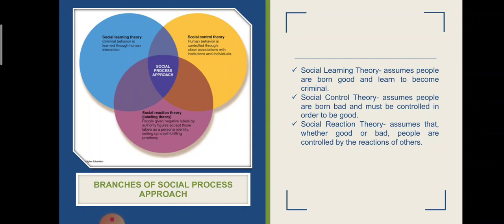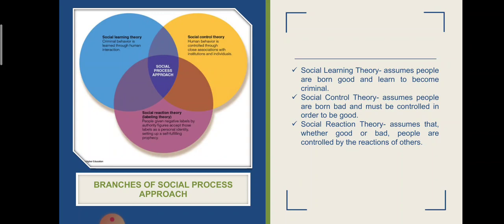So social process theories believe that an individual's socialization determines the likelihood of criminality, adapting the social process approach to human behavior. So this graphic representation shows the three branches of the social processes approach. There are certain theories that explain social processes.